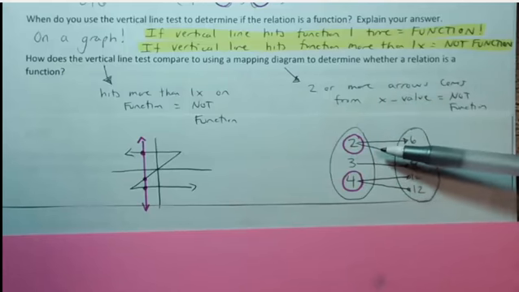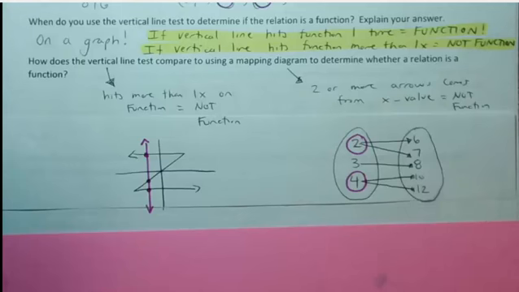So if it hits it more than once, it's not a function. If there's more than one arrow coming from that number, it's not a function as well. You could have something totally different, but again, that's the basics of it. You have to know the difference between when to use the vertical line test and then how to read that mapping diagram. Next page.